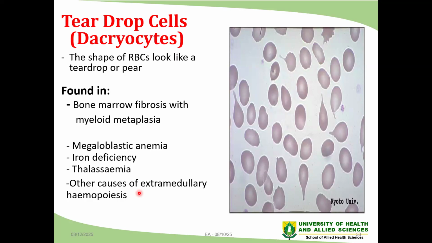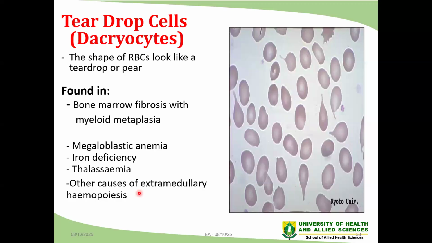Usually when there is fibrosis of the bone marrow, that is when you have fibrous tissue taking up space in the bone marrow other than the original tissue. A teardrop and a pear may look a bit similar, just that for a teardrop, the end is quite pointed more than you have in a pear.